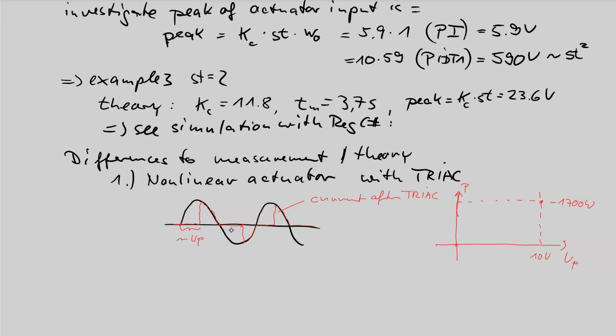This point is okay, this point is okay. We assume a linear connection. We have calculated our simulation, and our calculation assumes a linear curve, but caused by this mechanism we get this type of curve, a real nonlinear curve. So for small UP values we have nearly no power, and for large UP values, we reach approximately the linear part, but this caused a strange behavior in our measurement.